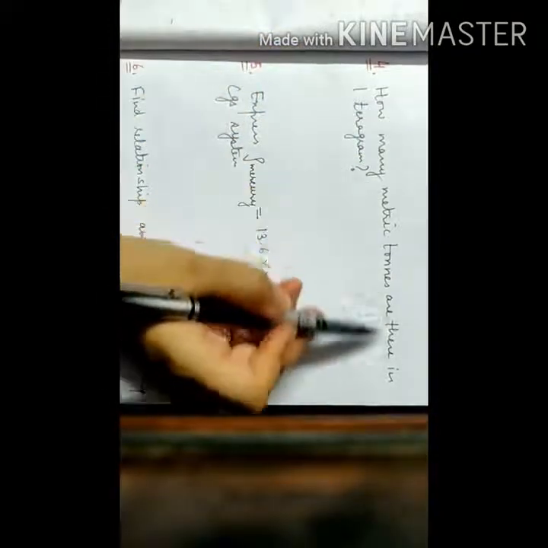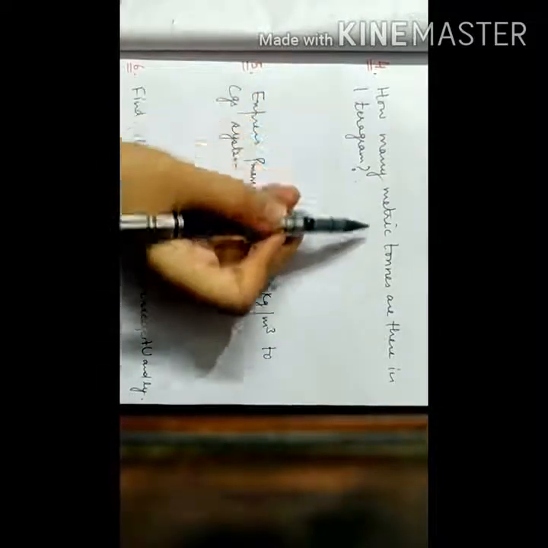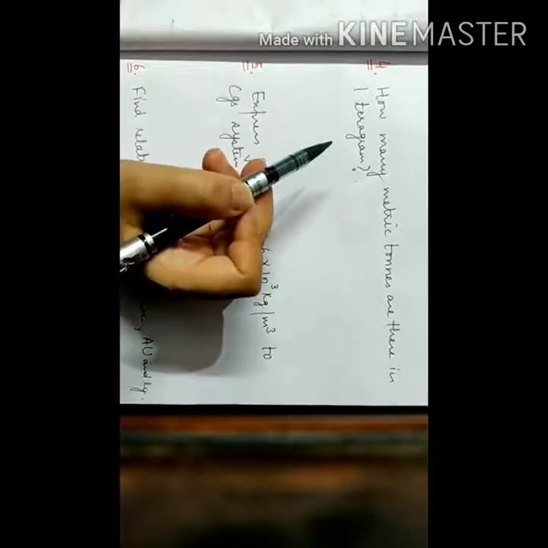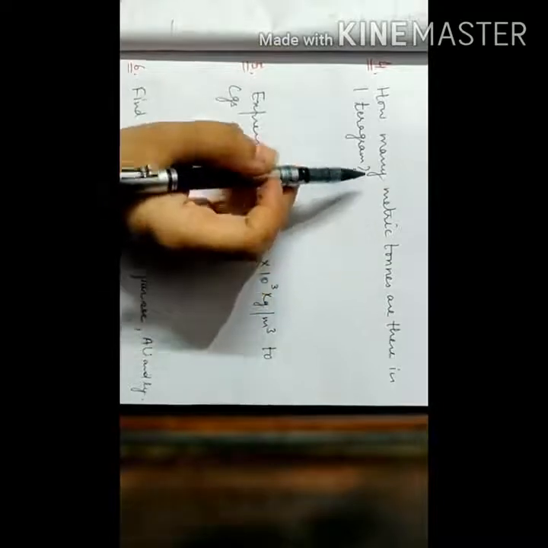How many metric tons are there in 1 teragram? First of all, we have to write them both in the same units so that we can divide them. Divide तभी कर पाएंगे, comparison तभी कर पाएंगे जब दोनों की units same होंगे.